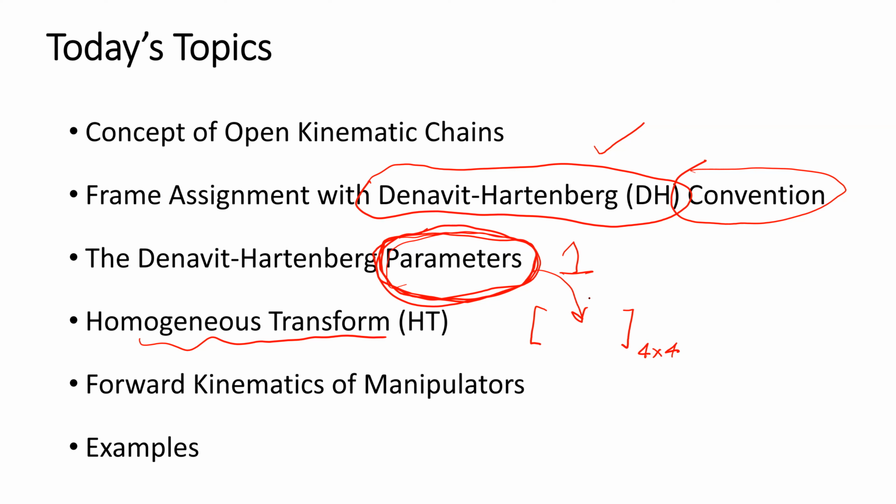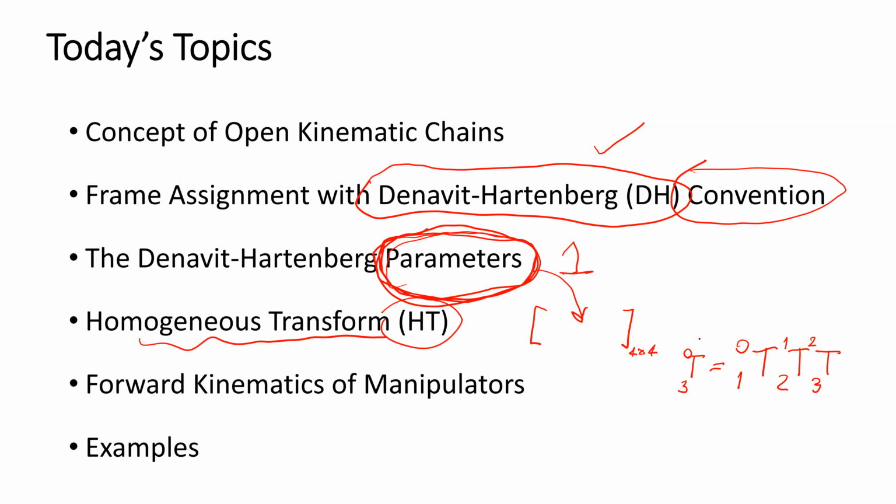And we know that the homogeneous transform can be written in terms of the product of multiple matrices, so that we can get the relationship between the frames of the robot.